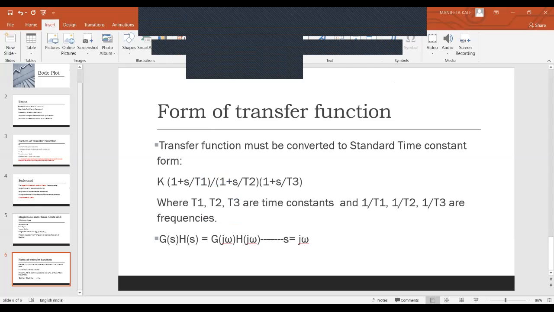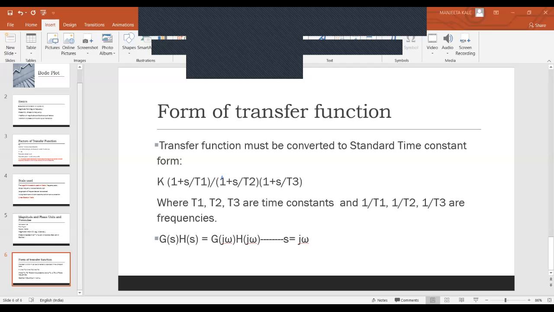This is not S by T1, this is S into T1, okay? This should be S into T2 and this should be S into T3. So when I share the PPT, I'll correct that and send it to you. So K into (1 plus sT1) upon (1 plus sT2) into (1 plus sT3), where T1, T2, T3 are time constants.